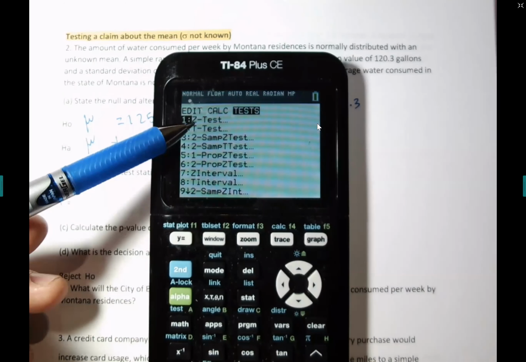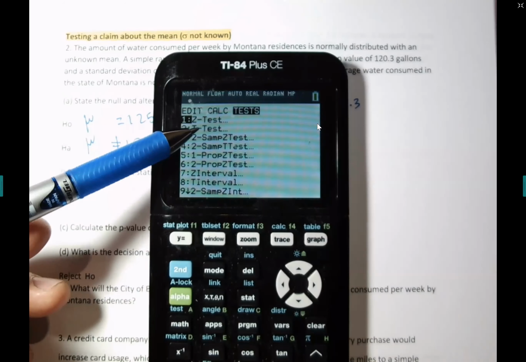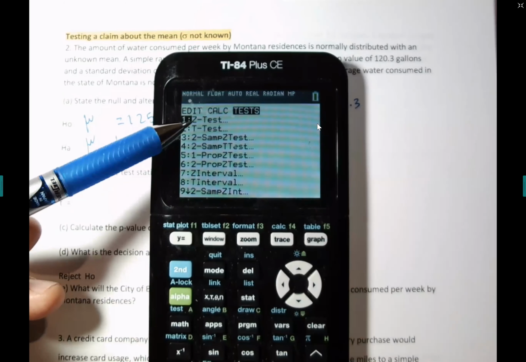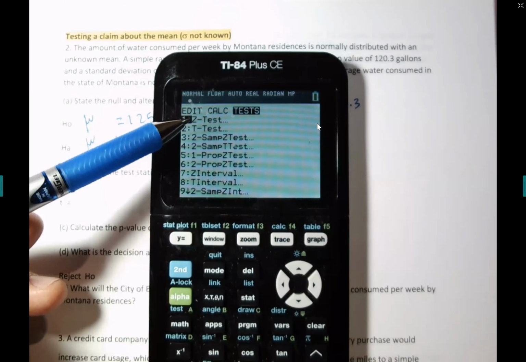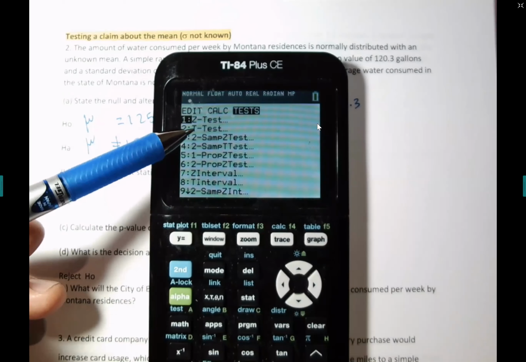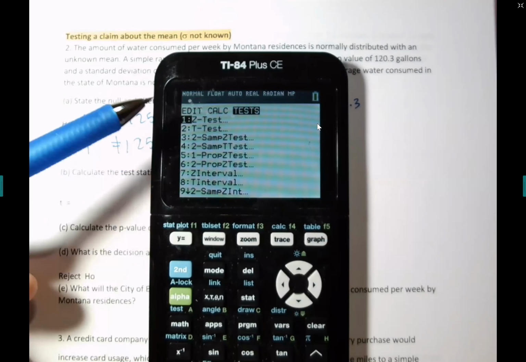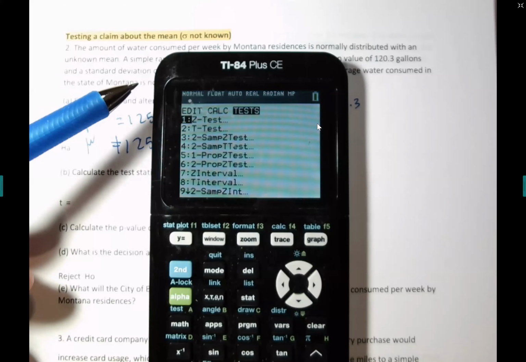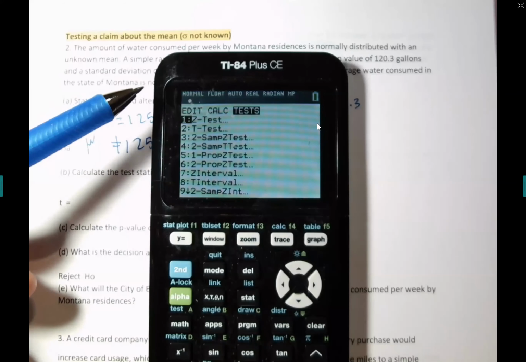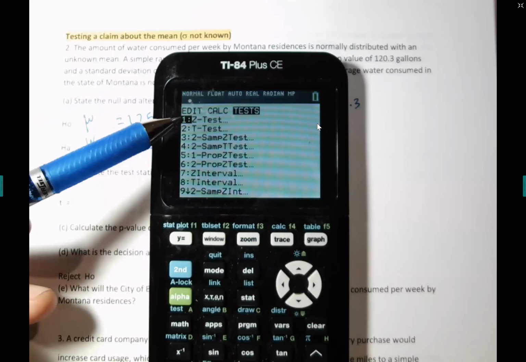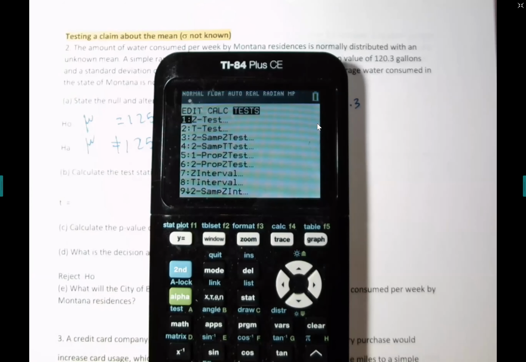Whether you're using a calculator or not, whether you're using critical values or not, they get confused. Do I use Z or do I use T? You use T when he provides a sample standard deviation and doesn't provide a population standard deviation. You use Z when he provides the population standard deviation. And we will have some more review exercises, just mixing the two together.